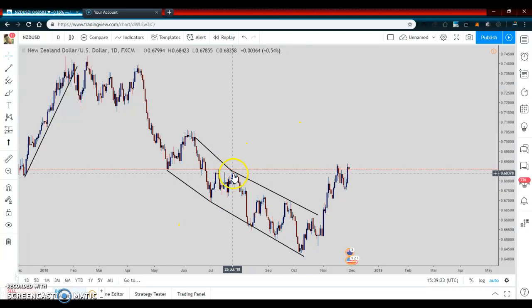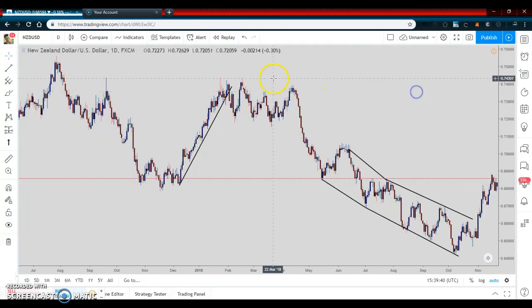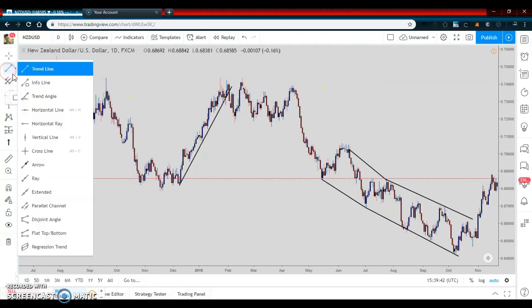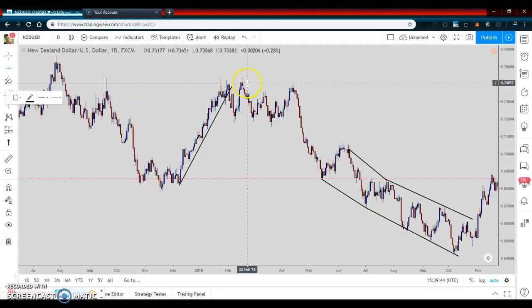If it touches the upper one, it will fall. Then at the downward one, it will move up. And then it will touch the upper channel, it fell, and then it moved to the downward channel and it moved up. So it is kind of a trading range. This is what is known as a trading range in between the channel. Normally, what will we say about trading range? This is a trading range.